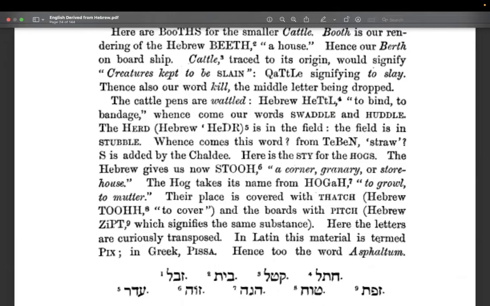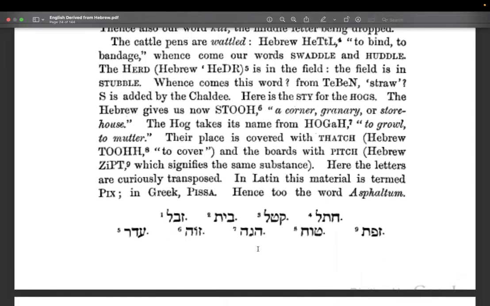Here the letters are curiously transposed, which I just mentioned. The P would be in front, and the Z would be where the P is, and it would be more into a PIT, and then you'd have the Z, which would make a CH sound as we mush it later on. In Latin, this material is termed pix, so you can see where that switching might have happened. In Greek, pissa. Hence, too, the word asphaltum.